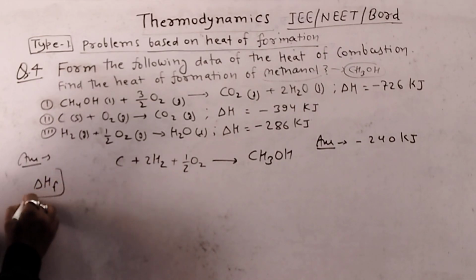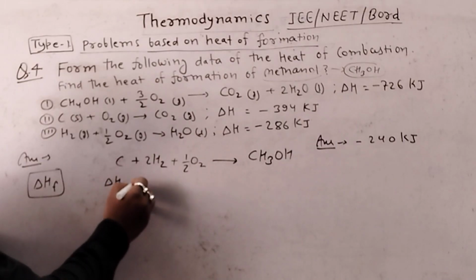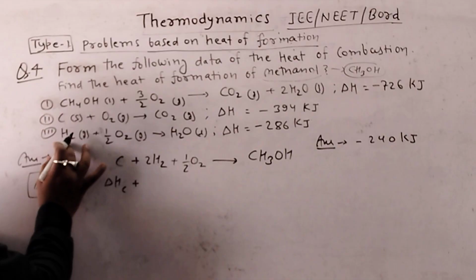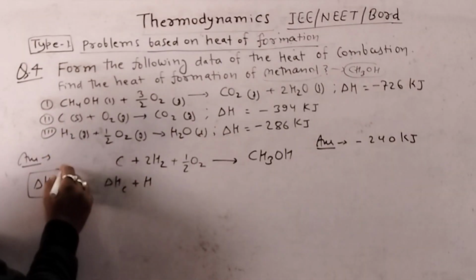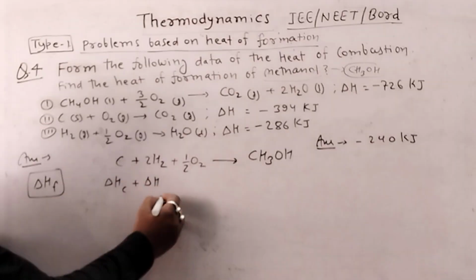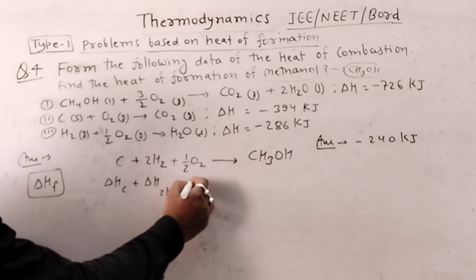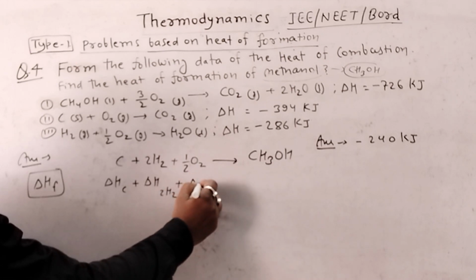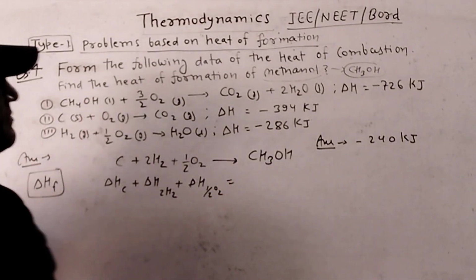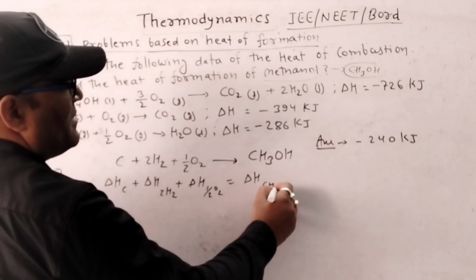According to the given data, now we can calculate the value of delta HF, the heat of formation of methanol. Delta H for carbon, plus, due to the presence of 2 moles of hydrogen, delta H for 2 moles of H2, plus delta H of half mole of O2, and delta H of methanol.